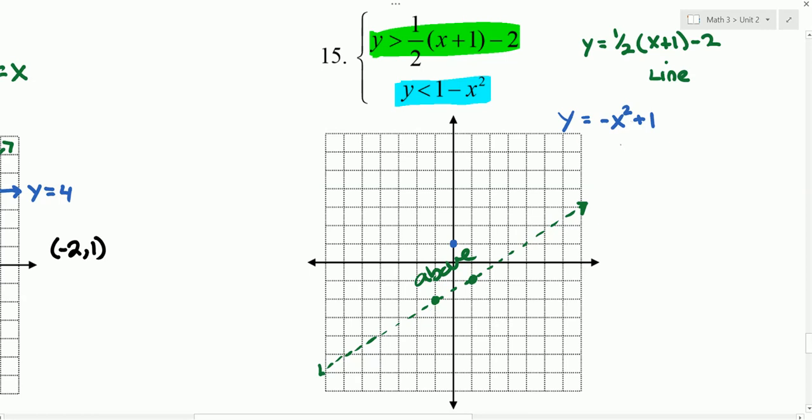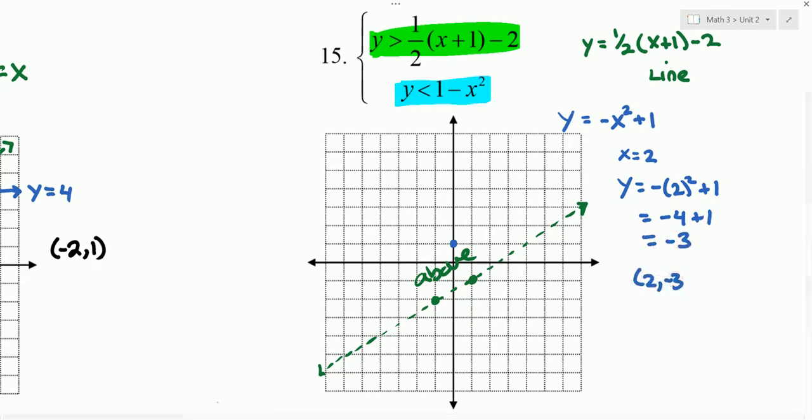If I pick, let's say, 2, and I get y is negative 2 squared plus 1, which is negative 3. So x is 2, y is negative 3. So 2, negative 3. And remember, this is a parabola, so it's opening down.